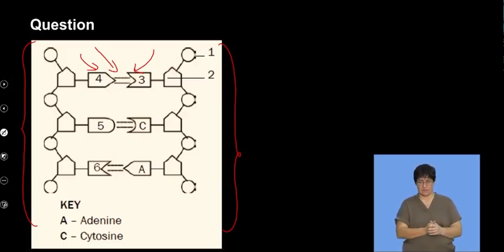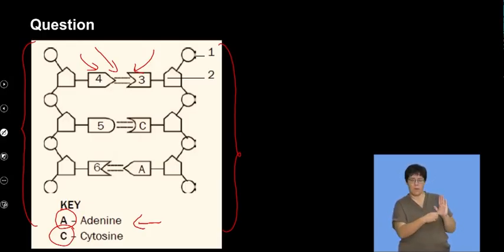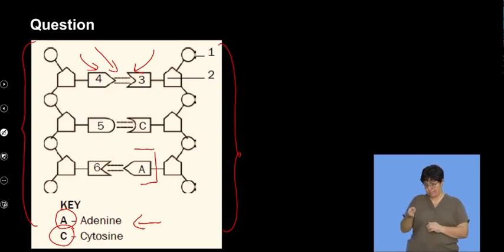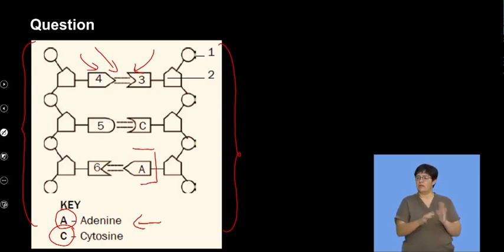Important to this diagram is a key, and this key indicates that adenine is represented using the letter A and cytosine using the letter C. So in this diagram, we can see that adenine is here, identified with this specific shape, which I'm pointing to now. We know that cytosine has been labeled, and cytosine has been identified with that unique shape.